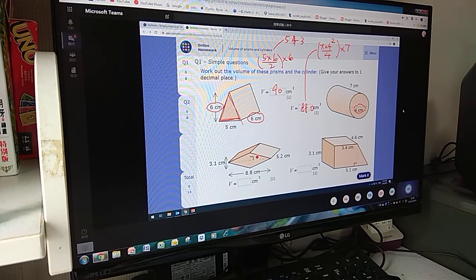You calculate the area of each triangle and add them together. It will be the area of the base, and then you multiply the base area by the height, you will get the volume. The other one is the same. Okay, so maybe I give you 1 minute to think about it.